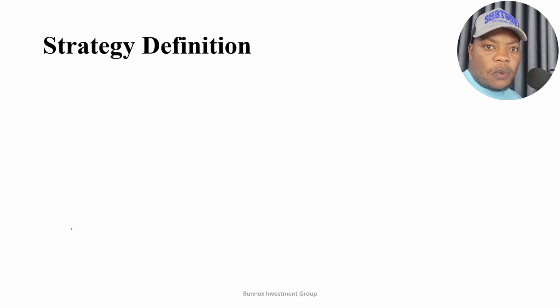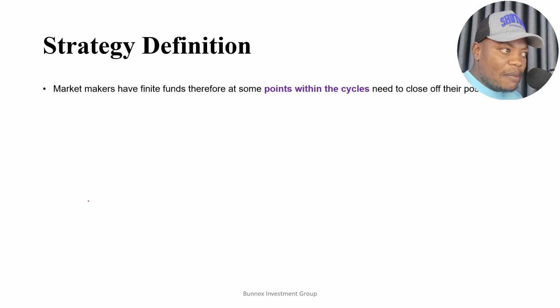Strategy definition. We are going to talk about a short background on the strategy, how it actually arises on our charts, because when we are trading, we are trying to find things that occur frequently in the markets and keep repeating on that same basis. Market makers have finite funds, therefore at some points within the cycles they need to close off their positions.